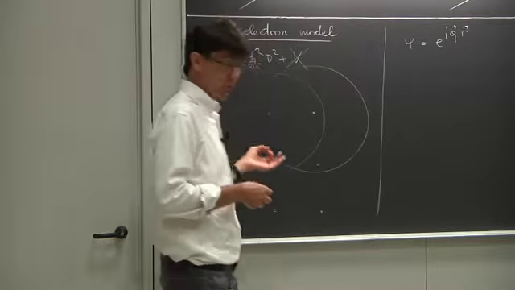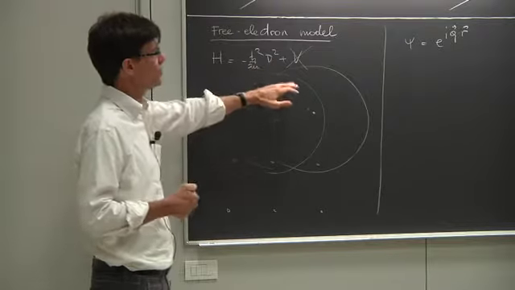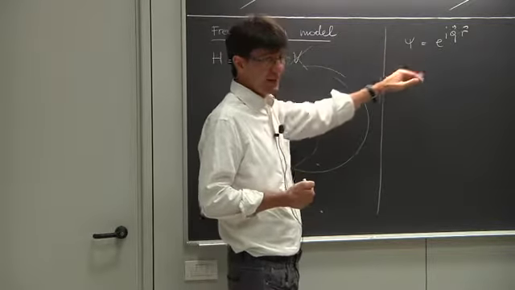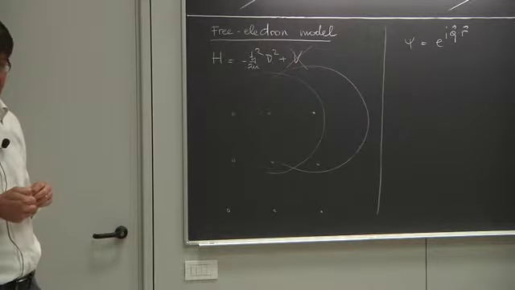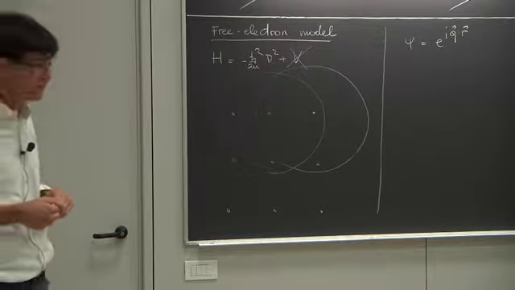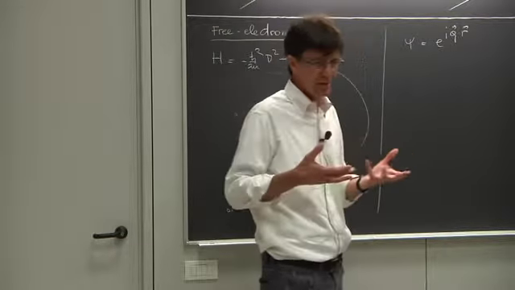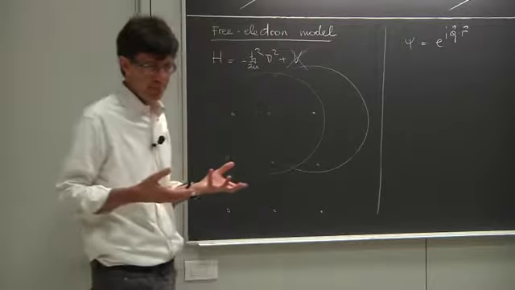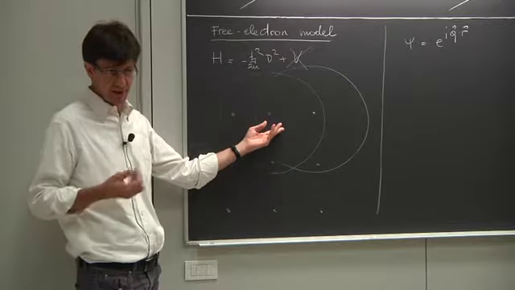Now, we are going to introduce the presence of the nuclei in the next step. So what I'm going to do now is to discuss the solutions of this problem, which we know very well, assuming that there is actually an underlying lattice. What does it mean? It means that Bloch's theorem has to apply. Bloch's theorem with this periodicity has to apply.